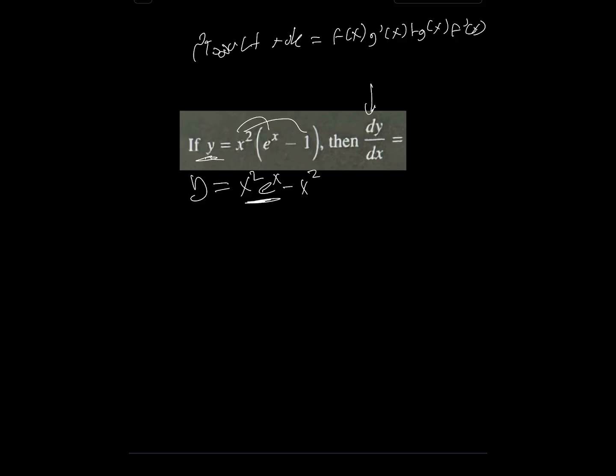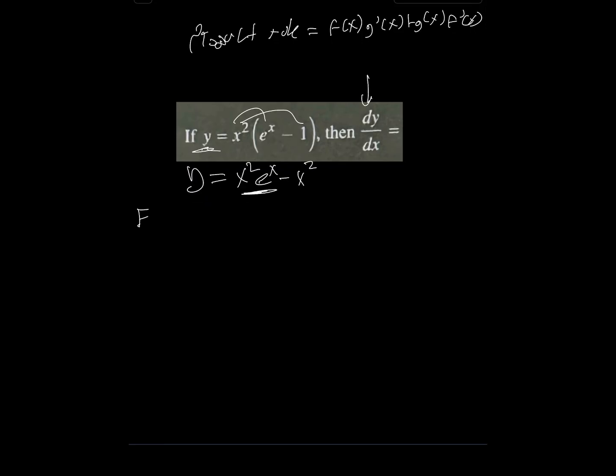We can say f of x equals x squared, f prime of x equals 2x, g of x equals e to the x, and if we remember, the derivative of e to the x is always going to be e to the x. So it is just e to the x.